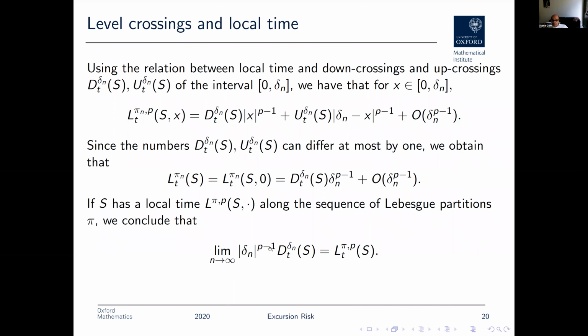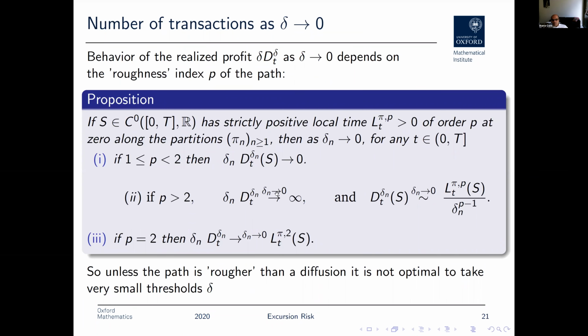So if you take here a 1, then you go to infinity. In fact, more precisely, the number of transactions with the threshold delta will behave like the local time of order p divided by delta to the power p minus 1.